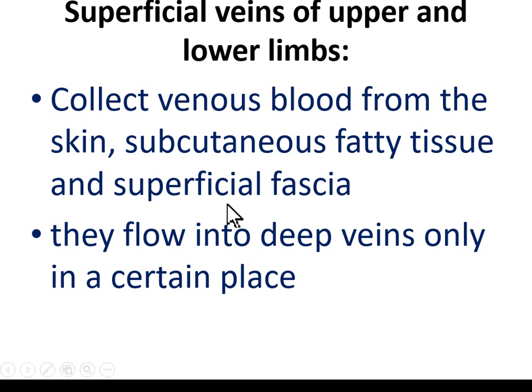They flow into the deep veins only in certain places. They lie between the skin and superficial fascia. When you look at the skin of the upper extremity, you can see the superficial veins.